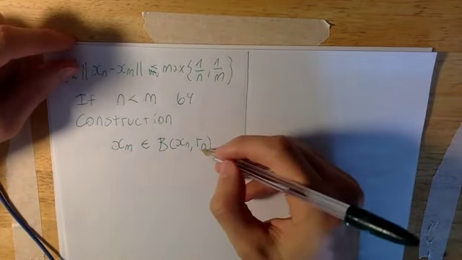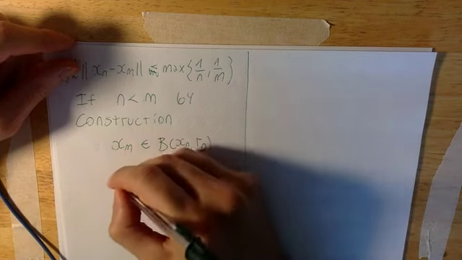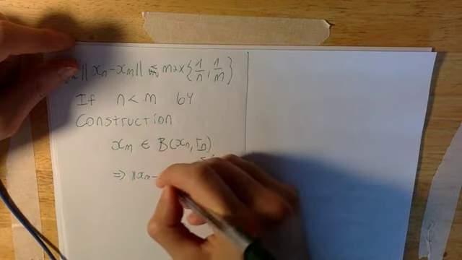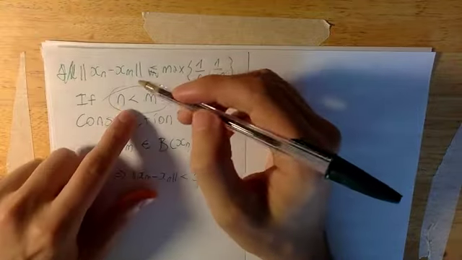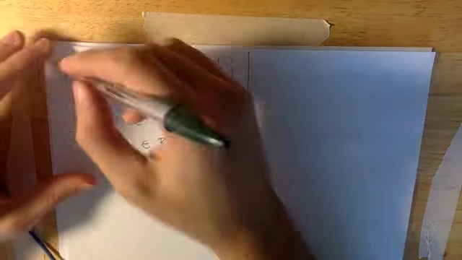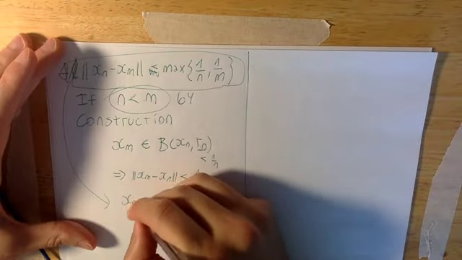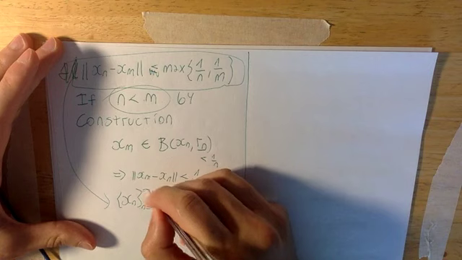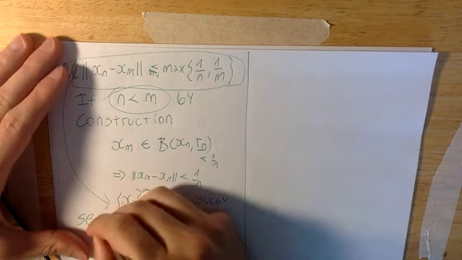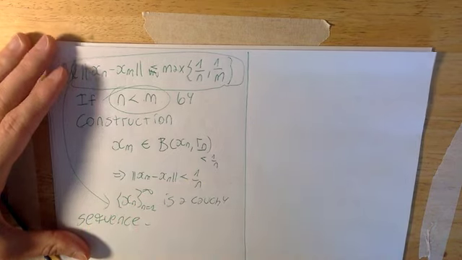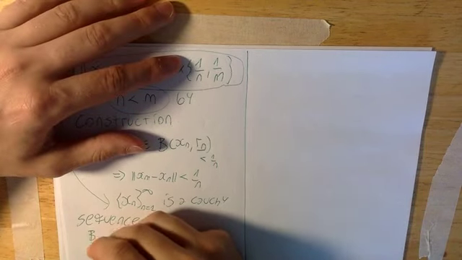In particular, this Rn is less than 1 over n. So this implies that the norm of xm minus xn is less than 1 over n. Here I assume that n is less than m, and you can flip them the other way and get these estimates. And this implies that xn, n equals 1 up to infinity, is a Cauchy sequence.